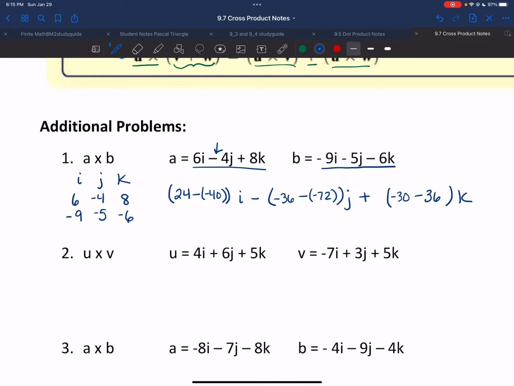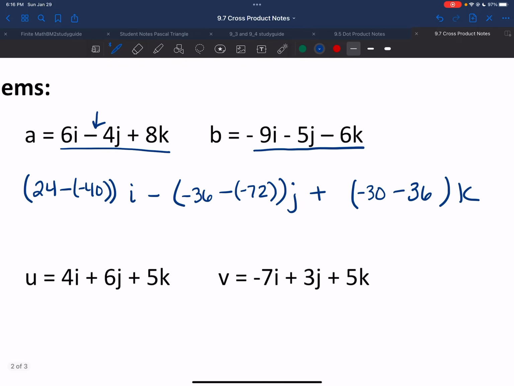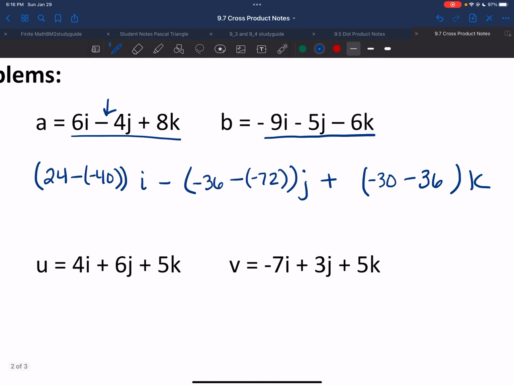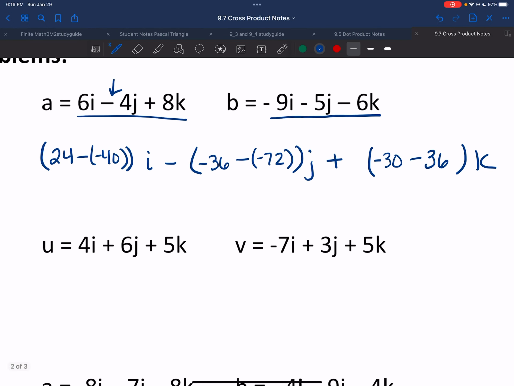Okay, so now it's a matter of actually reducing all of this. I've already used that as much as I need to, and now I'm going to reduce this. 24 minus a -40 is the same as adding 40, so that's going to be 64i. And then -36 minus a -72 is going to be the same as adding 72. So -36 plus 72 gives me +36.